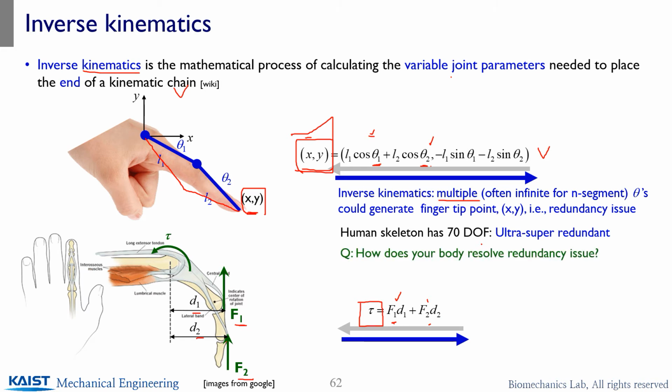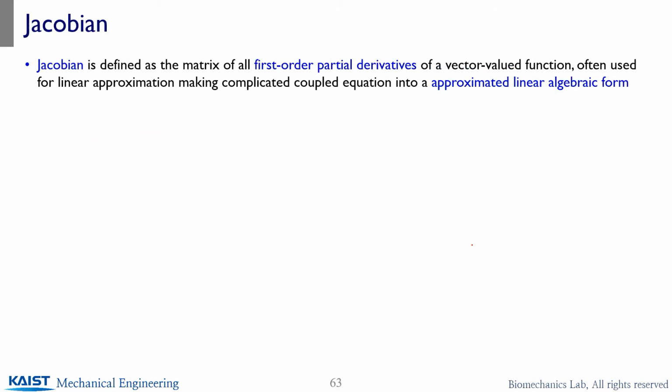So there are many studies using optimization, optimizing torque magnitudes or power magnitudes, or trying to understand how humans move those redundant degrees of freedom to make such a specific posture. That's a pretty simple concept.